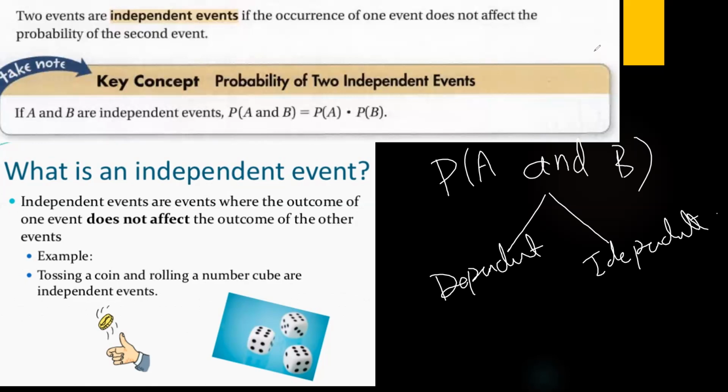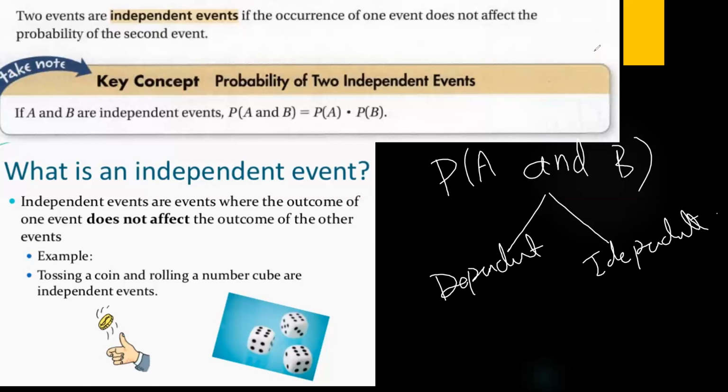Both of them are different events with different outcomes, so they are independent. They don't depend on each other. This is the meaning of independent events: the outcome of tossing a coin does not affect the outcome of rolling a number. This is one thing, and this is another thing.